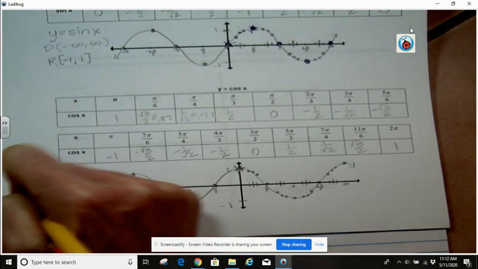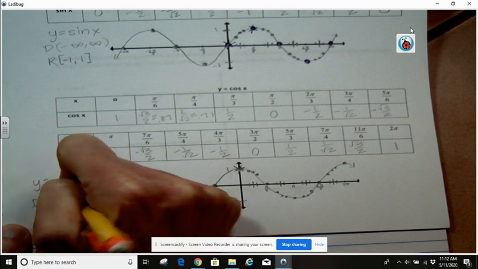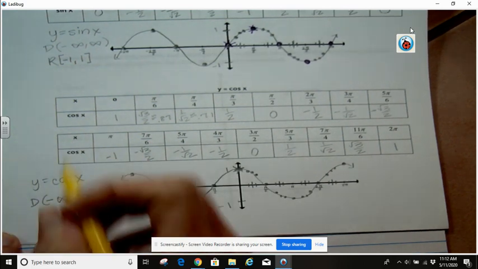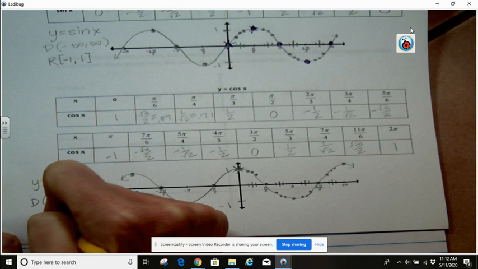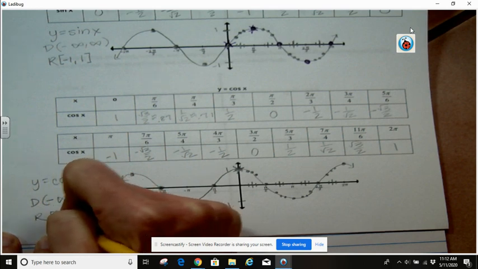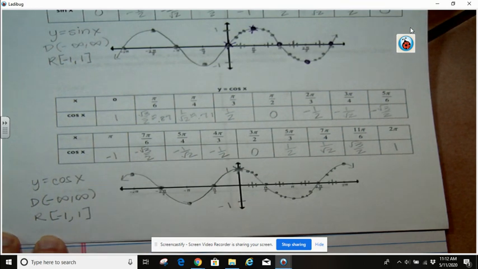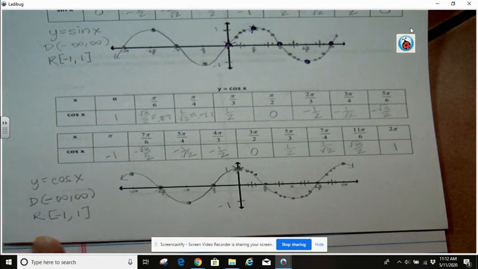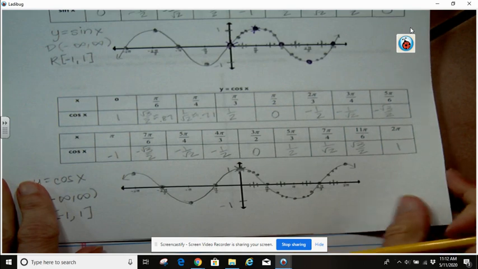The domain is still negative infinity to infinity because you can keep going around the circle as many times as you want. The range is still a low of negative 1, maximum of positive 1. Okay, so again, when we actually graph these with transformations, we're going to just concentrate on the critical points. We just plotted all the points so you could see how the curve actually develops.